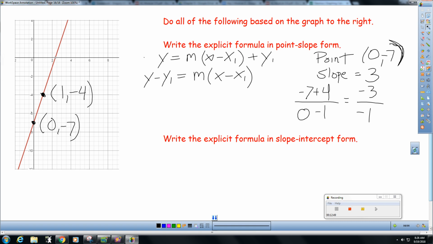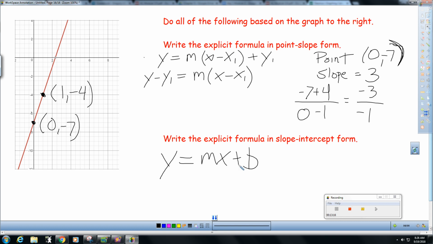So, point slope form. Let's come back to that. Let's just get our slope intercept done. What's our intercept? -7. So, Alex, what's our equation in slope intercept form? Excellent. Y equals mx plus b. So now give it to me with the numbers in.